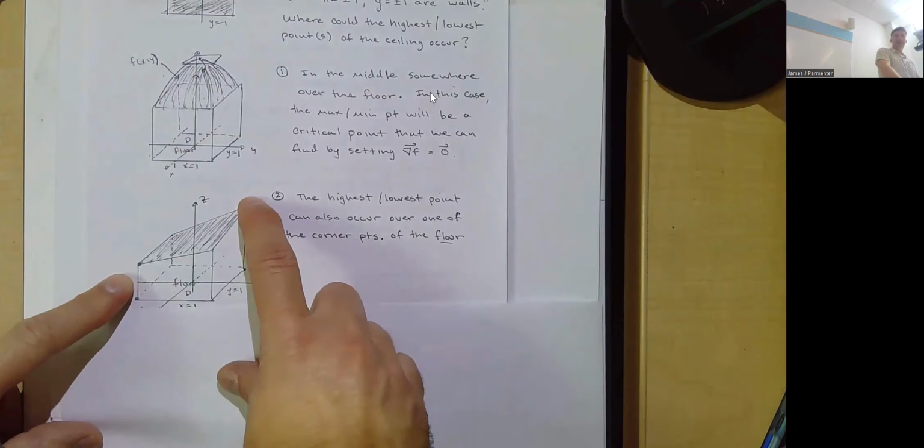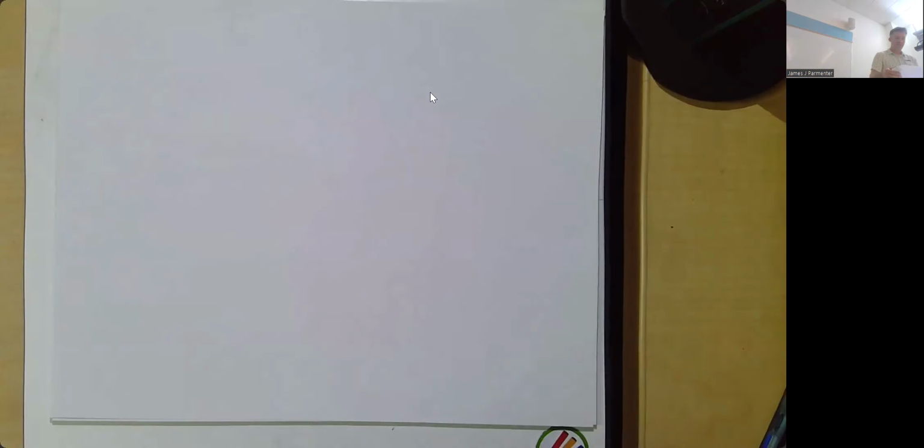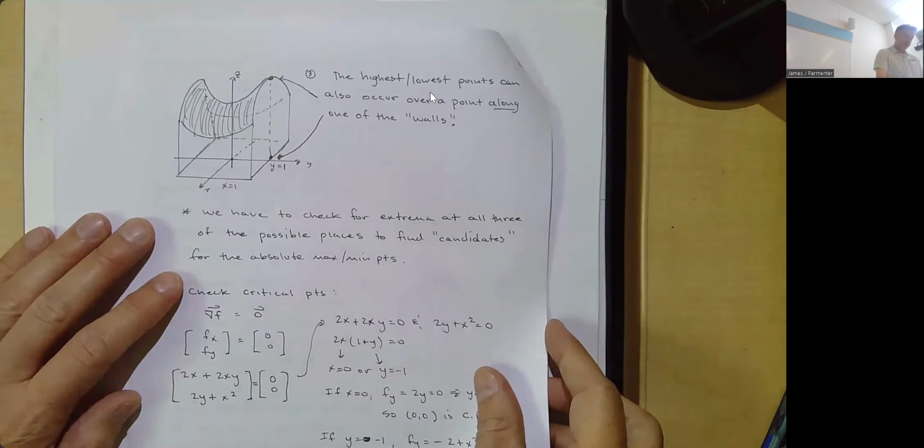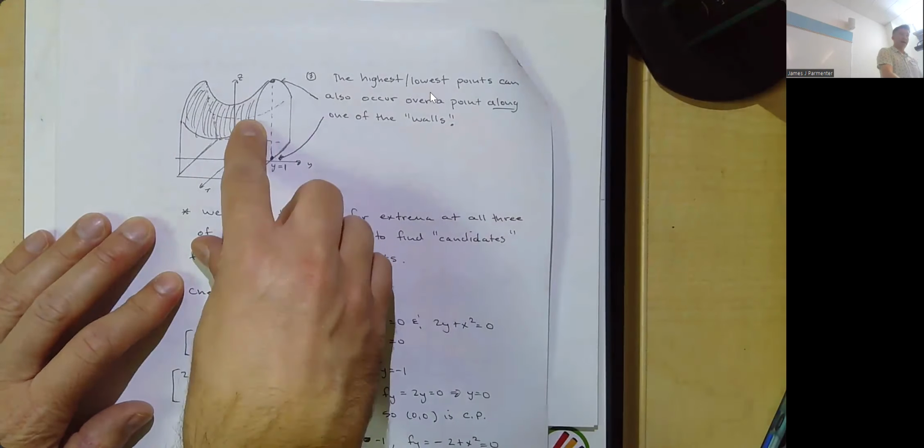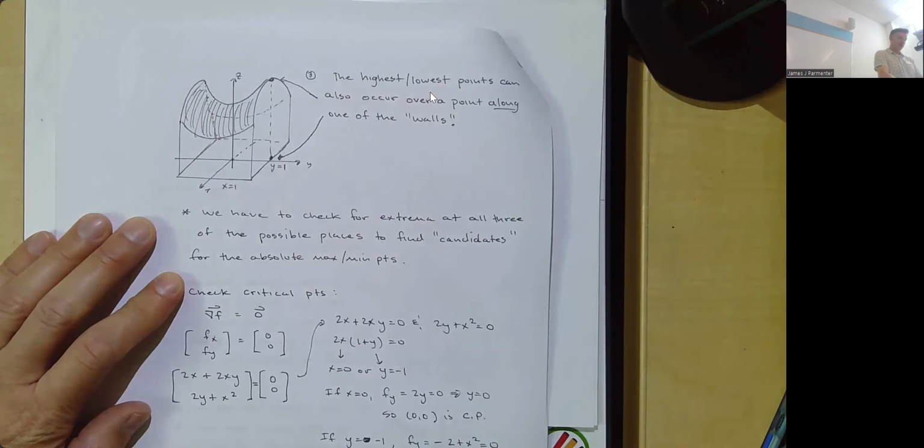Sometimes that happens. But your surface or your roof might also look like that, where up here in that corner you have an absolute maximum, and over there in that corner you have an absolute minimum. And it's sloping upward this way and upward that way. So sometimes the corners are where you have absolute maxima. Sometimes somewhere in the middle is where you have absolute maxima. Or sometimes somewhere in the middle of a boundary edge is where you have an absolute maximum or an absolute minimum.